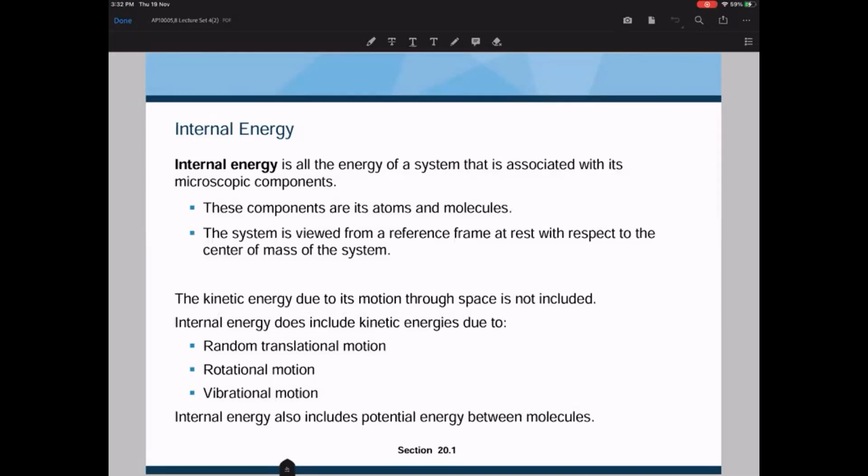You have a translational motion, and if you have multiple atoms in the molecules, say nitrogen molecules or oxygen molecules, you could have rotation about the center of axis, as well as the vibration due to the presence of the temperature. So things are never very simple. And if you have other types of interaction, the calculation of internal energy is hopeless. And therefore, we are just focusing on the case of the ideal gas.